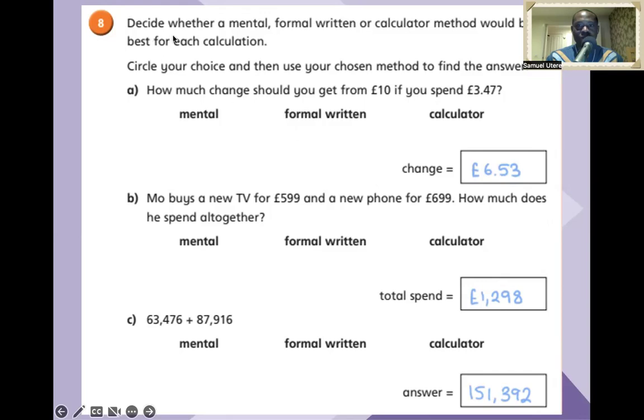Well, this one could be easily done by saying, for example, 10 minus 350, which is 650, but you have taken 3 more, so you're going to add 3 to your answer. So this should be mental calculation. It's up to you to choose the one you think best fits the situation. But I just showed you how I chose mental calculation here just by looking at the problem.